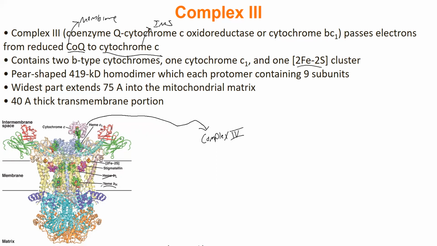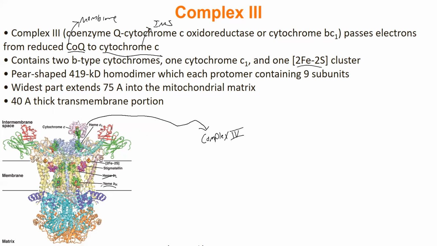So unlike complex 2, where the heme was a safety net, here in complex 3, they are very important in actually moving electrons around for us.